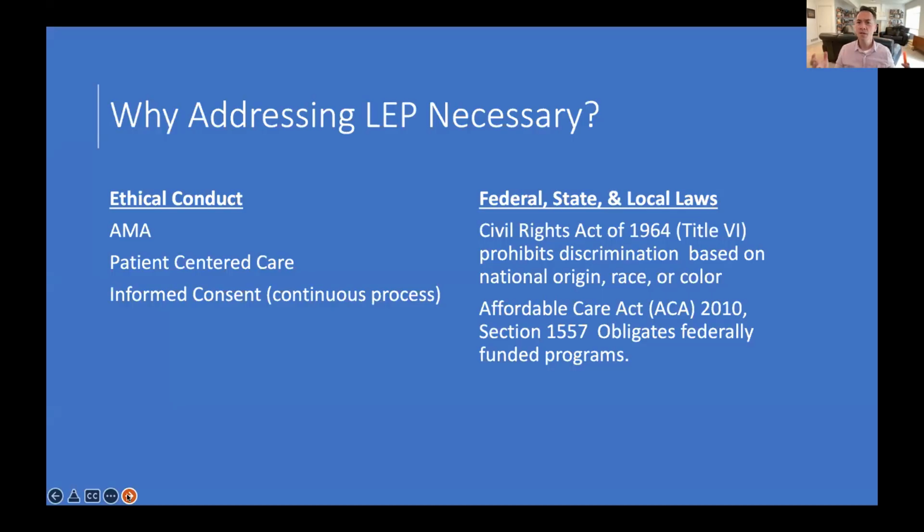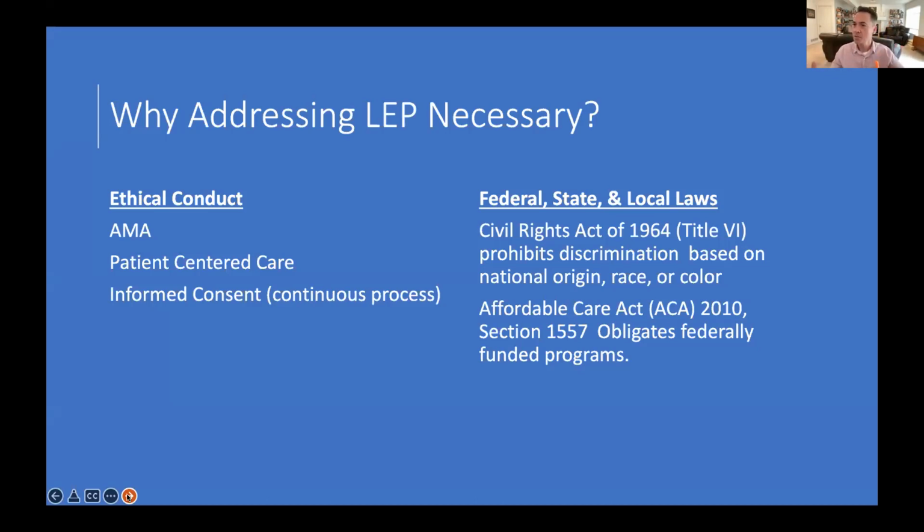So why do we need to address limited English proficiency? As medical people, it's ethically correct. We have the American Medical Association. We also want to have patient-centered care. And then we talk about informed consent. Informed consent is a continuous process. When someone comes into the clinic or your hospital and signs one little informed consent form, that's not the end-all, be-all.